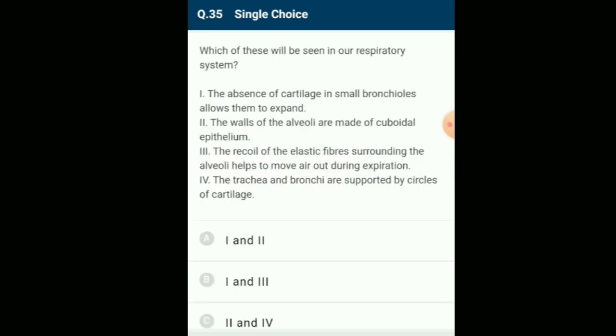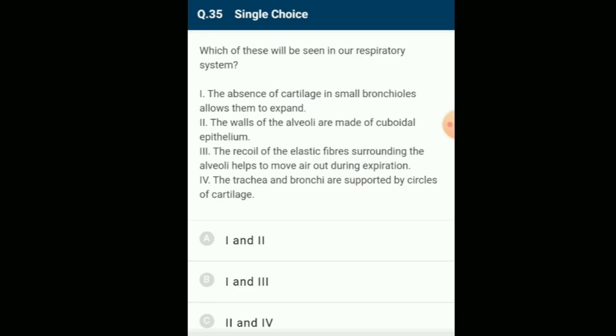Question number 35. Which of these will be seen in our respiratory system? The trachea, primary, secondary and tertiary bronchi are supported by incomplete cartilaginous rings. Each terminal bronchiole gives rise to a number of very thin, irregular walled and vascularized bag-like structures called alveoli, made up of squamous epithelium.